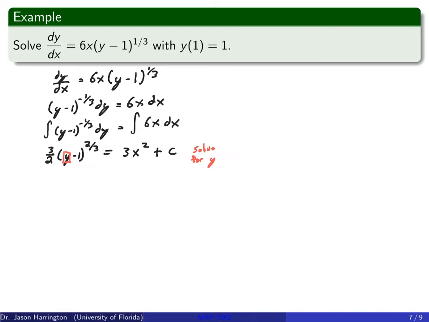If I solve for y, then I'm going to get y minus 1 to the 2/3 is equal to, and I'm going to divide everything through by 2/3. Or actually, sorry, multiply everything through by 2/3, or divide by 3/2, and I'm going to get 2x squared plus 2/3 of this constant.